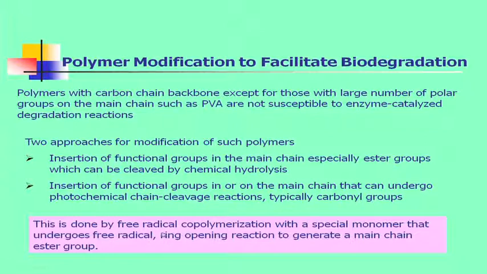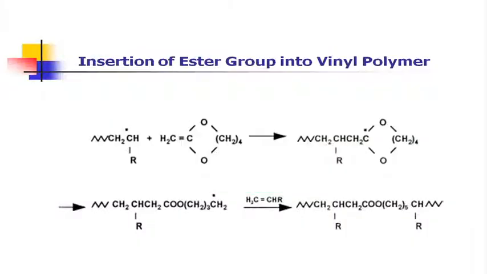This is done by free radical copolymerization with a special monomer that undergoes free radical ring opening reaction to generate a main chain ester group. So, there is a possibility of converting non-degradable hydrocarbon type polymers, which will be degradable by microorganisms through chemical modification on their surface.